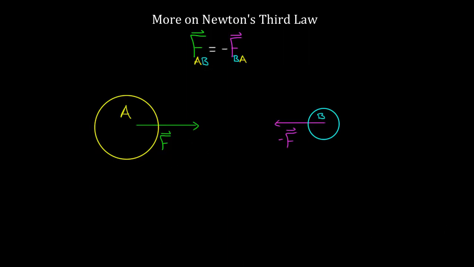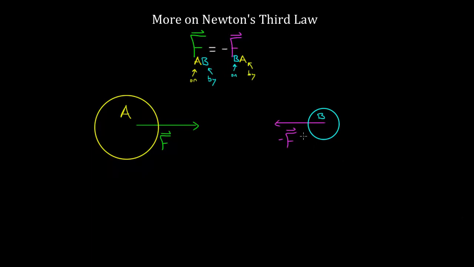The convention I'm using is that the first letter represents the object that the force is on. So this A represents that this green force F is on A, and it's exerted by B. And this shows that it's exerted on B, because the first letter is the object it's on, and it's exerted by the second object, A.